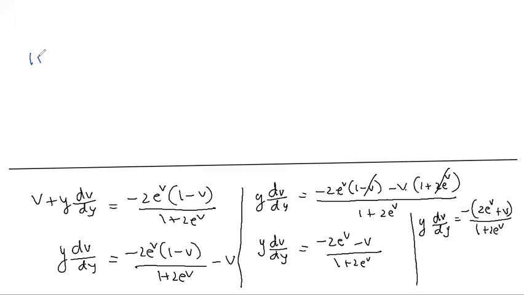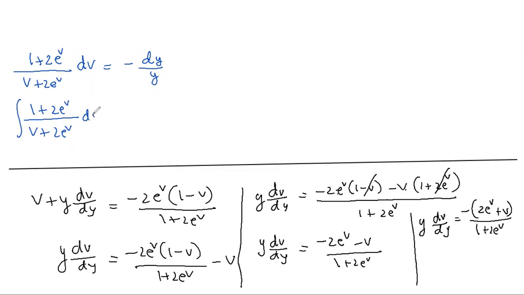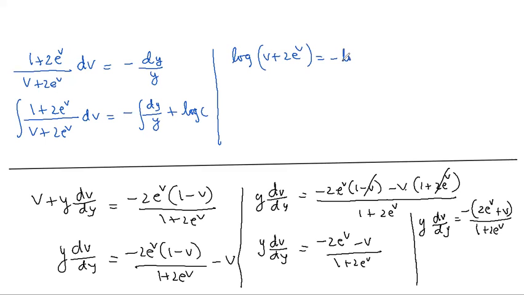So 1 plus 2 e raised to v upon v plus 2 e raised to v into dv is minus dy upon y. The denominator's derivative is the numerator, so direct integration. So the answer became log of v plus 2 e raised to v is minus log y plus log c. So we'll remove the log.